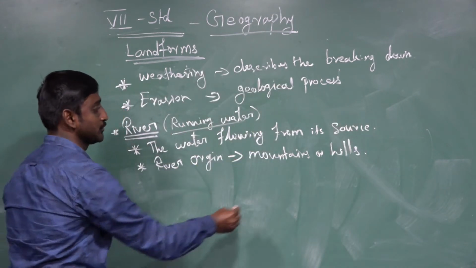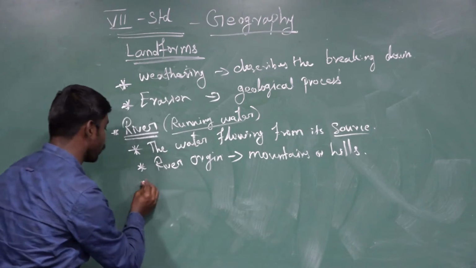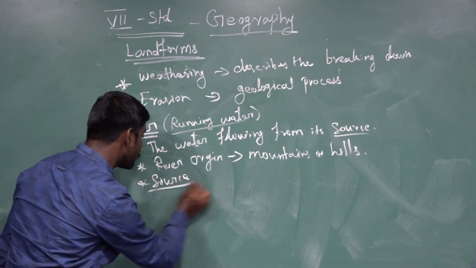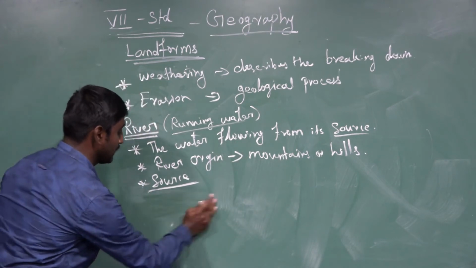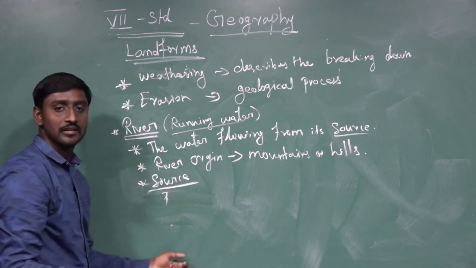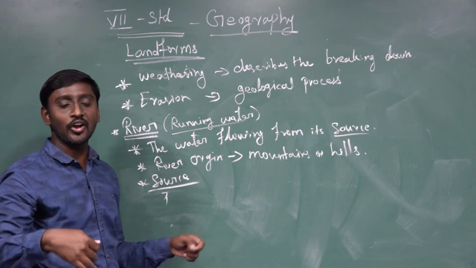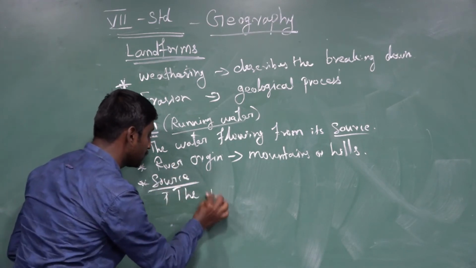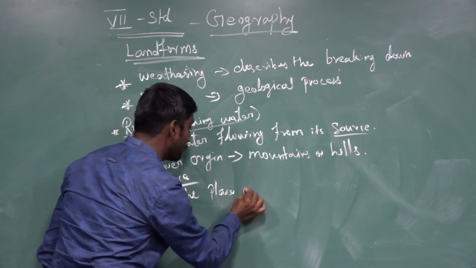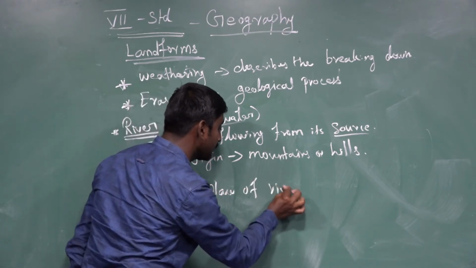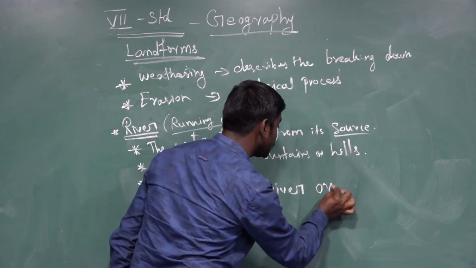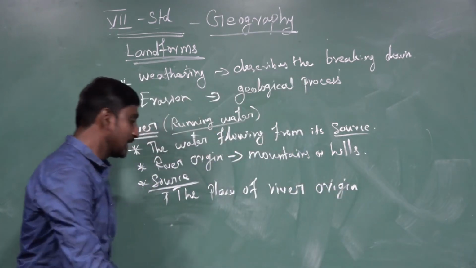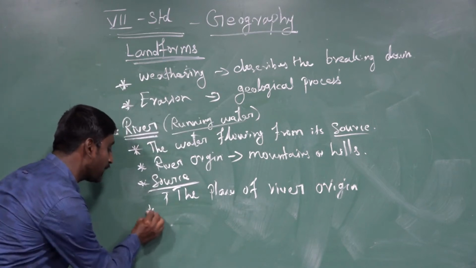What is meant by source? The place of river origin is called the source. Next is the river mouth.